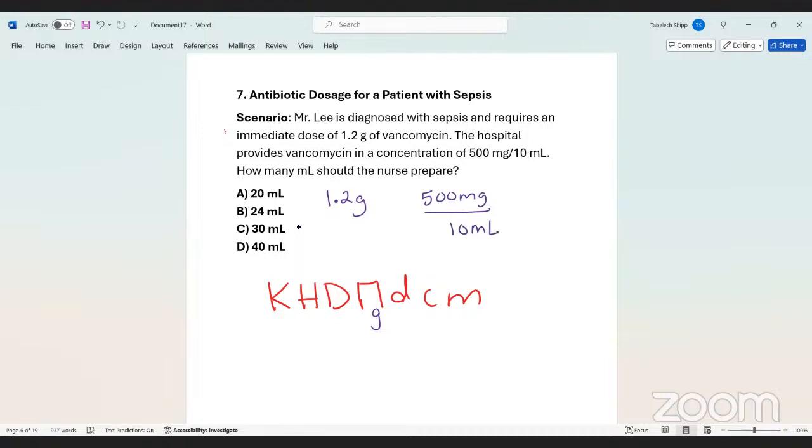What you need to do is convert the grams to milligrams so that those units can cancel out. My grams is here, my milli is there. Move your decimal 1, 2, 3 to the right. So 1.2 becomes 1,200 milligrams.